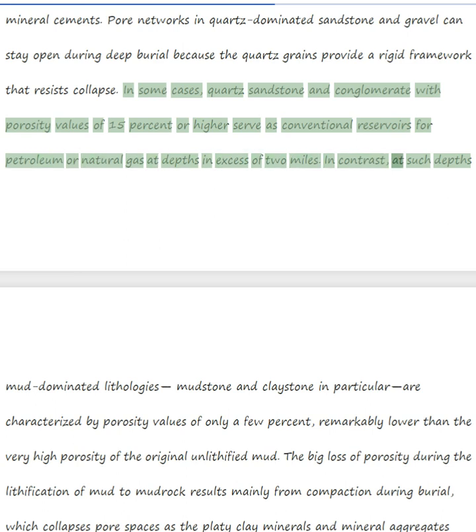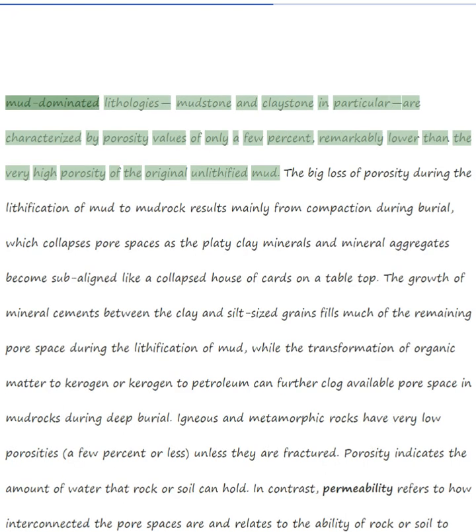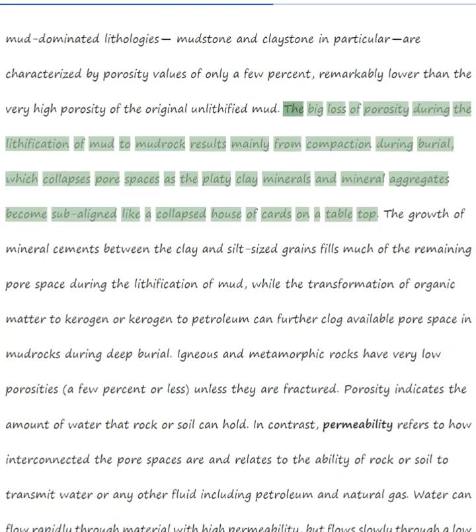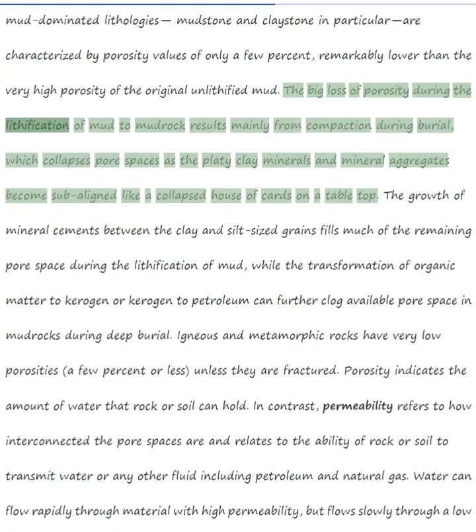In contrast, at such depths, mud-dominated lithologies, mudstone and claystone in particular, are characterized by porosity values of only a few percent, remarkably lower than the very high porosity of the original unlithified mud. The big loss of porosity during the lithification of mud to mudrock results mainly from compaction during burial, which collapses pore spaces as the platy clay minerals and mineral aggregates become subaligned, like a collapsed house of cards on a tabletop.